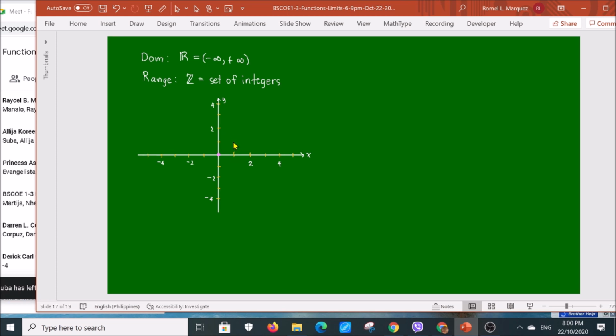It is 1. So it's here. If x is 2, it is 2. If x is 3, it is 3. If x is 4, it is 4. And then if x is negative 1, the value of the greatest integer is negative 1. Negative 2, negative 2. Negative 3, negative 3.